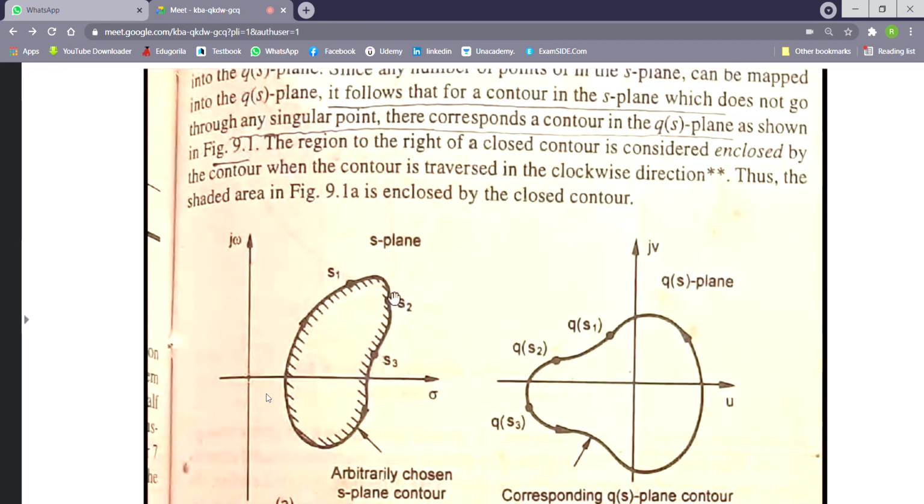Similarly, for S2, we have another value, Q(S2), and again we can locate that point on the Q(S) plane.